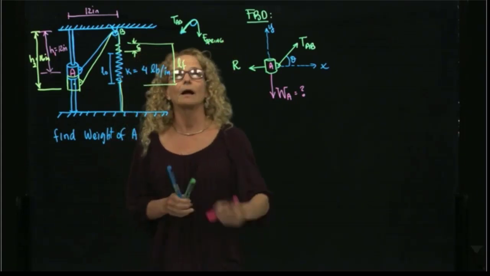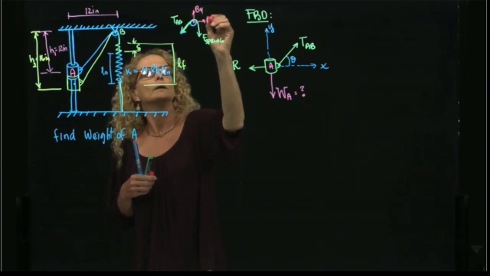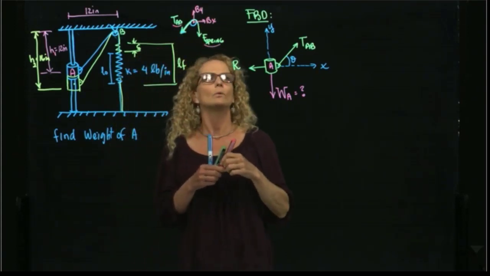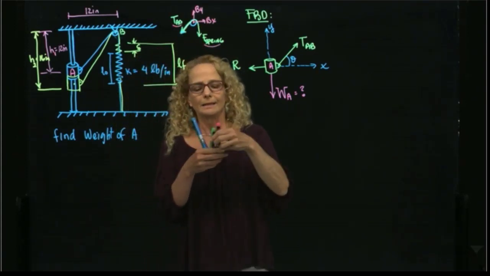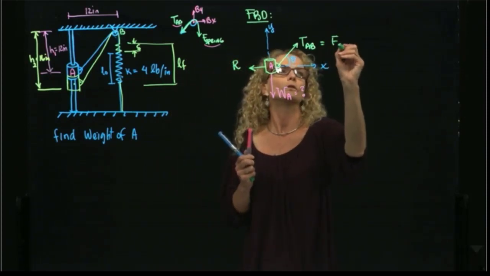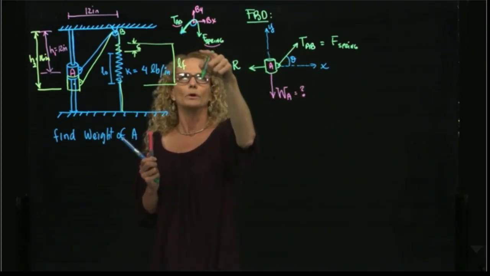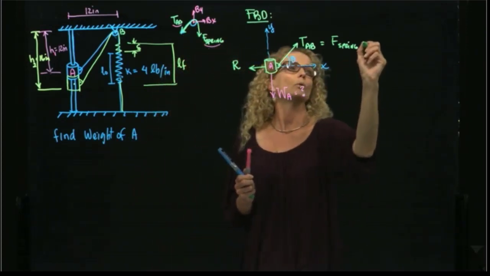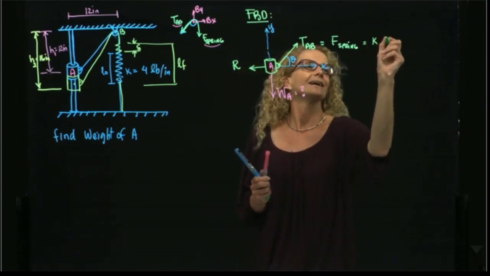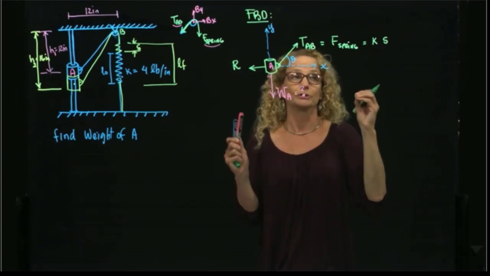And of course, I have these two reactions that hold the pulley. But what I'm analyzing here is these two tensions are equal. So I can say that the tension of the rope is equal to the force of the spring, because this is an ideal pulley. And I know that the force of the spring is the constant times the S. The S is what the spring stretches, right?